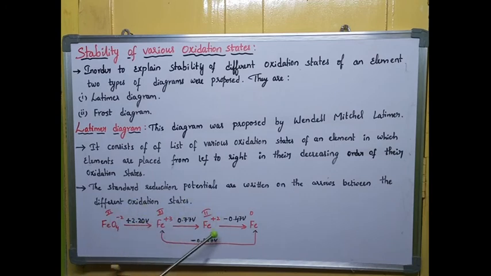What is a standard reduction potential? Reduction potential is the tendency of an element to undergo reduction. Reduction is a gain of electrons, and whenever the element undergoes reduction, some potential is developed in the potentiometer. These are the standard potential values of the particular element.